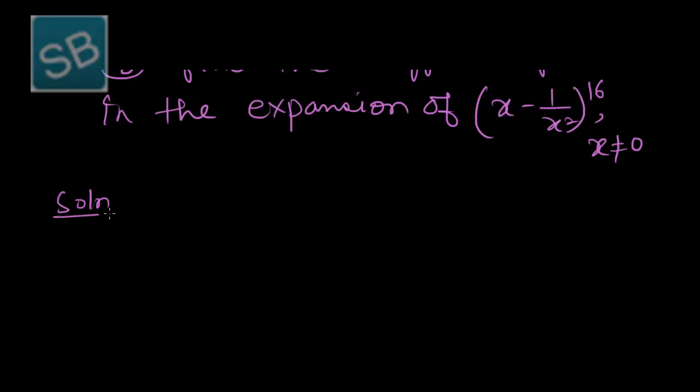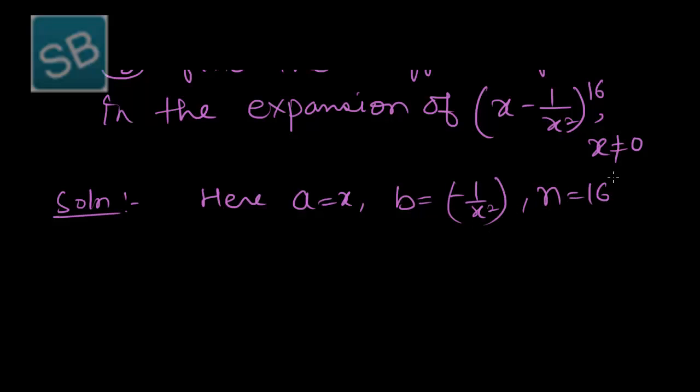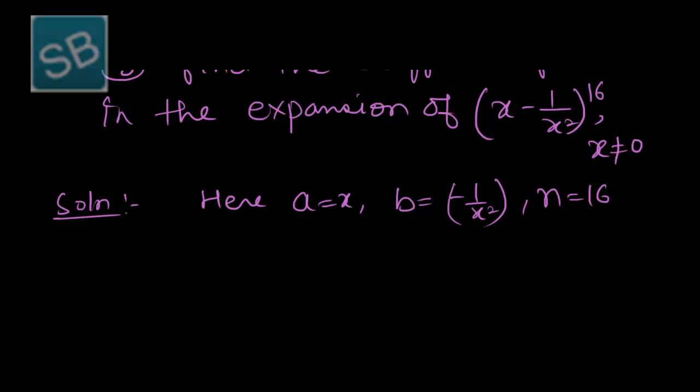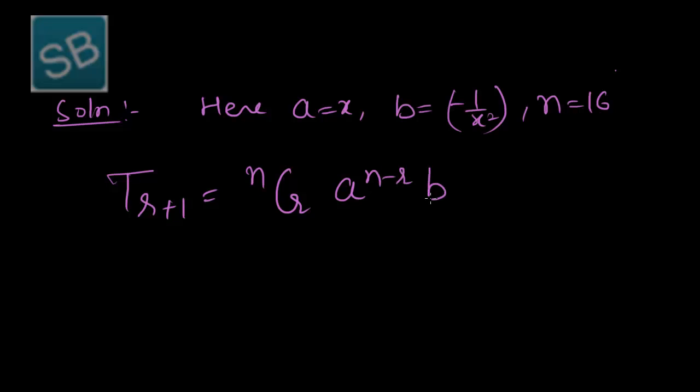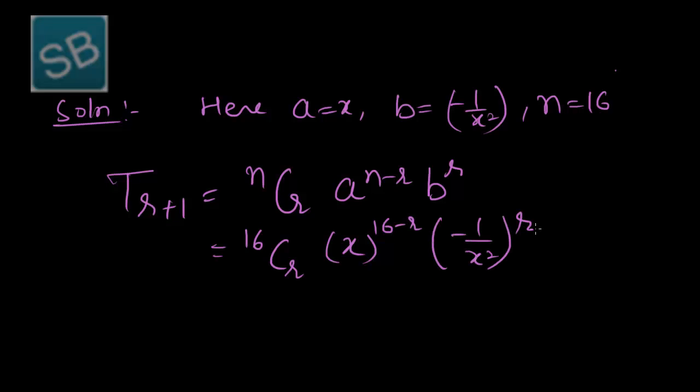Now the solution is: here a is equal to x, b is equal to minus 1 by x square, n is equal to 16. So in such type of question, first of all we will find the general term. So the general term is T of r plus 1, nCr, a raised to power n minus r into b raised to power r. Therefore here n is 16, CR, a is x raised to power 16 minus r, b is (minus 1 by x square) raised to power r.